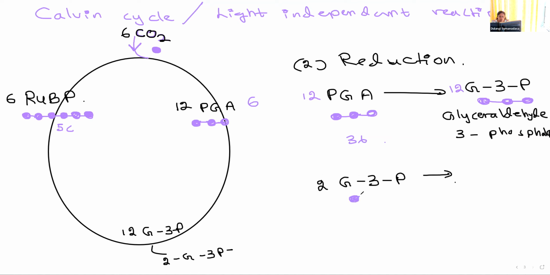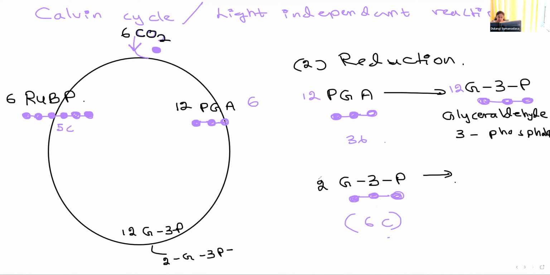Each molecule is going to have 3 carbons. G3P is a 3 carbon molecule. So you're going to introduce 6 carbons here, right? So we have 30 carbons left because I'm only taking 2 G3Ps.